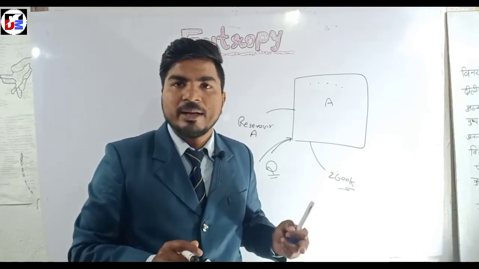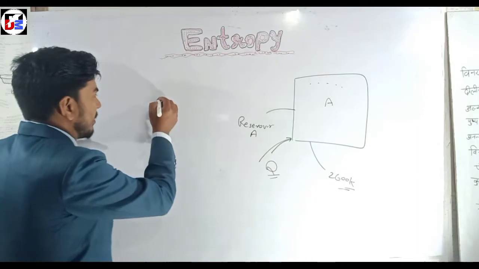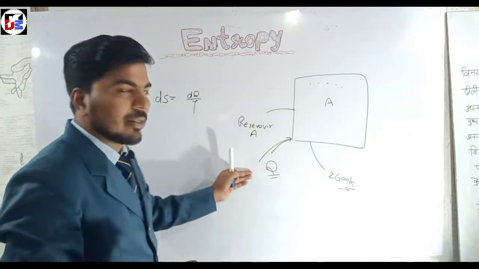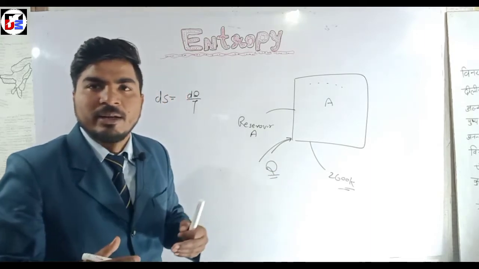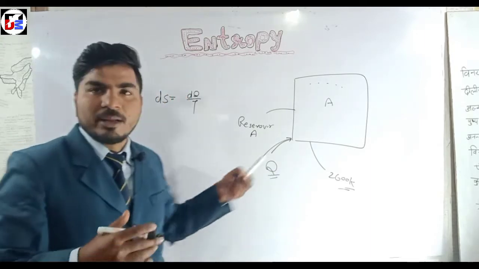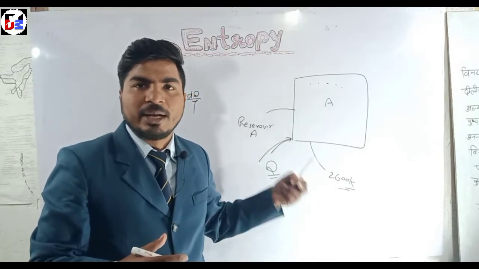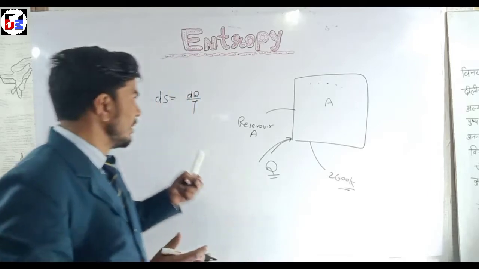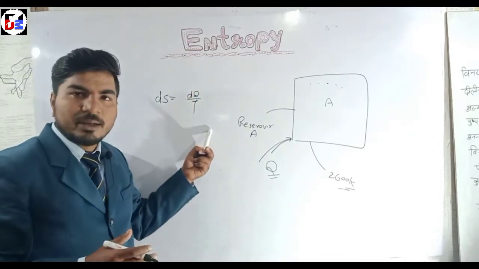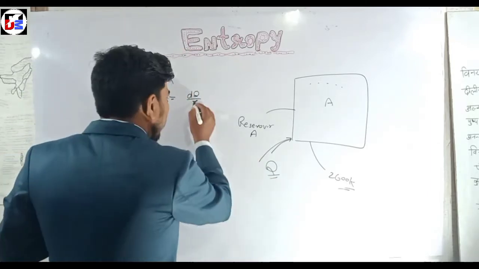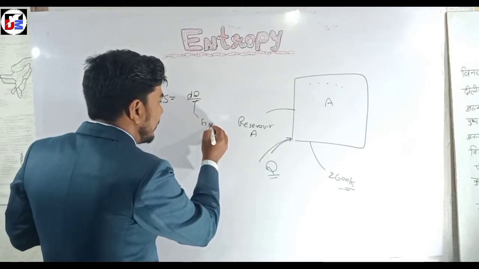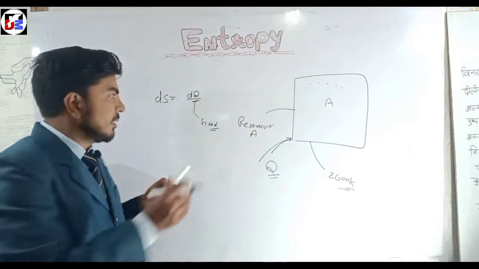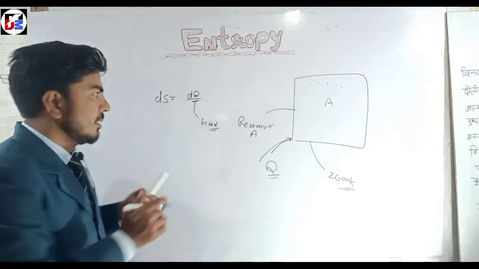So we apply the entropy change formula, dS is equal to dQ by T. Suppose this heat is reversible, because we are interested in finding the reversible heat transfer. We already said that the entropy change is calculated in a reversible manner. Then we can write dS is equal to dQ by T, and this temperature is fixed, not changing. This means that if we integrate, T is outside of the integration.